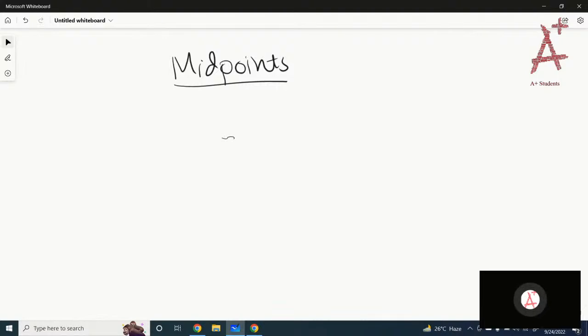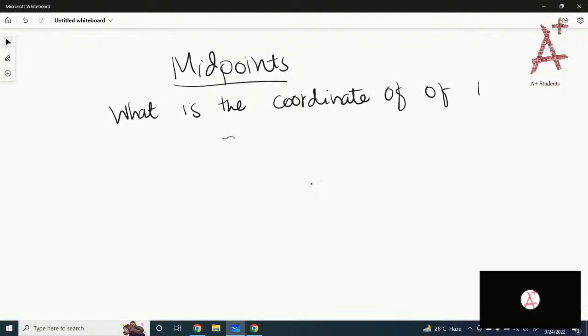What is the coordinate of the midpoint of ST?